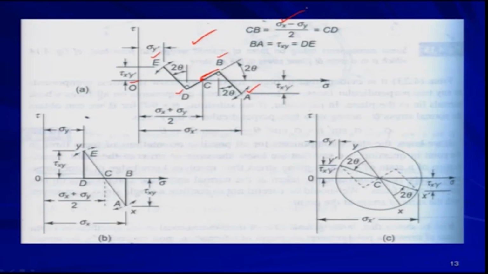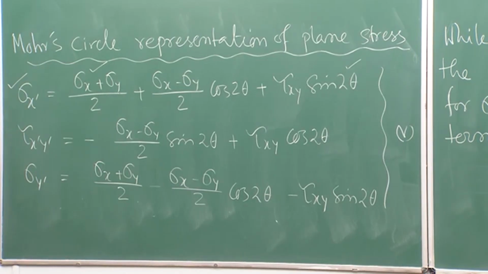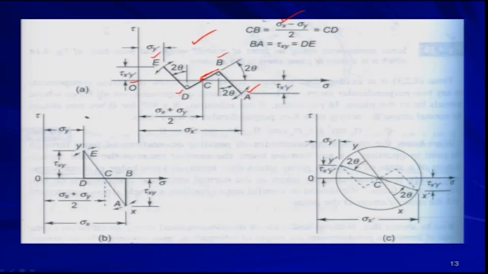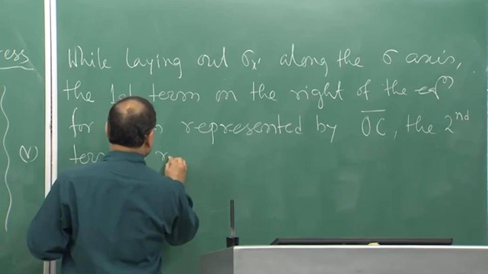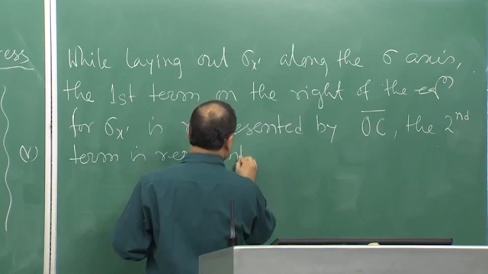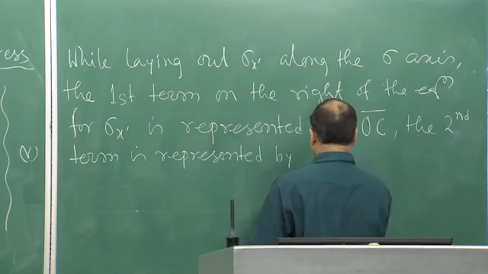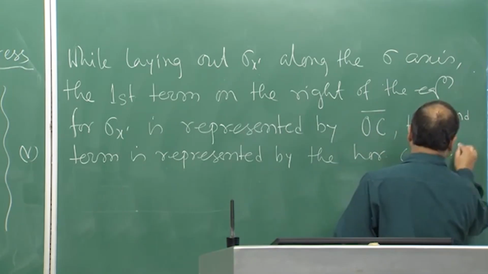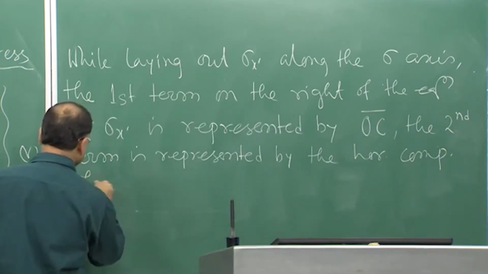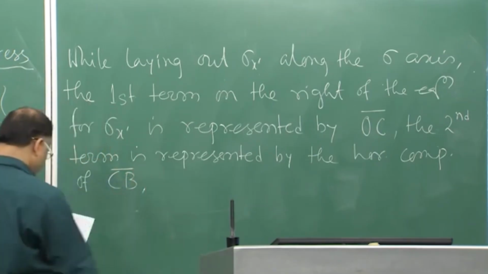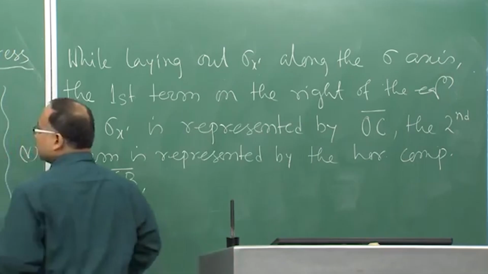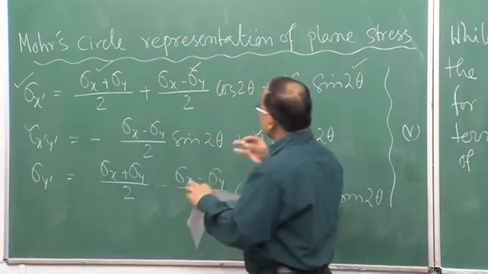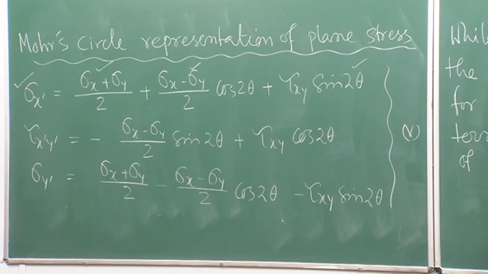So, sigma x minus sigma y by 2 cos 2 theta is nothing but the horizontal component of CB on the sigma axis, agreed or not. So, that second term is represented by the horizontal component of CB, agreed. And so we have got the meaning or representation of the second term.